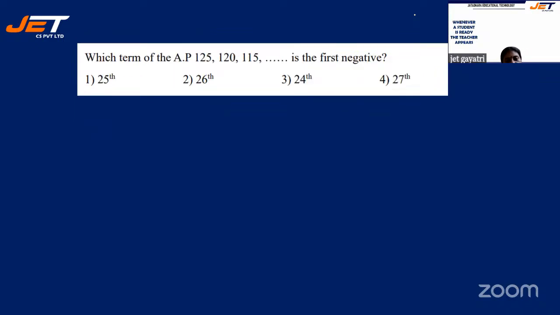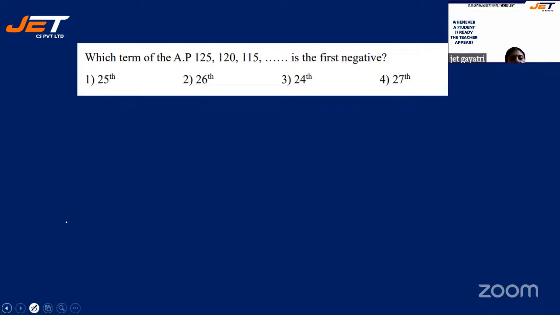Yes, it is. Which term of the AP 125, 120, 115 is the first negative? I think just now we did the sum. So it is just a substitute. 25th term, 26th term, 24th term, 27th term.